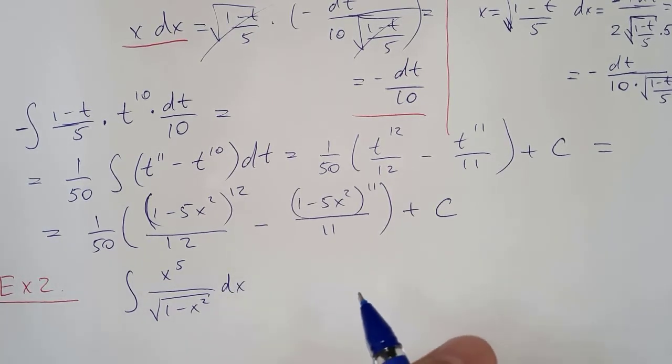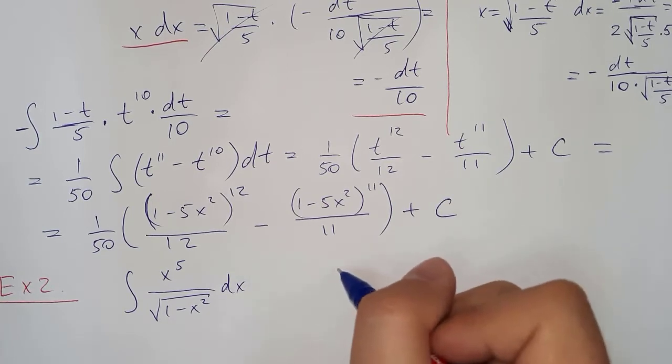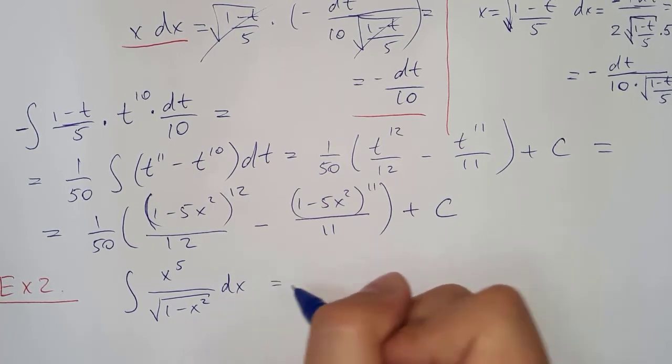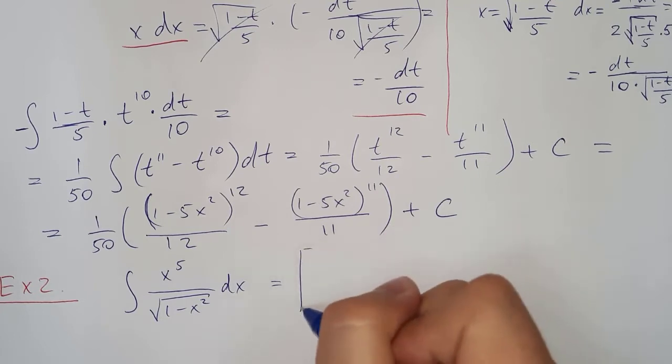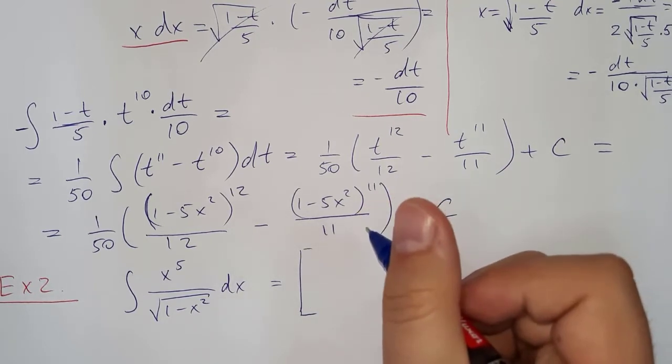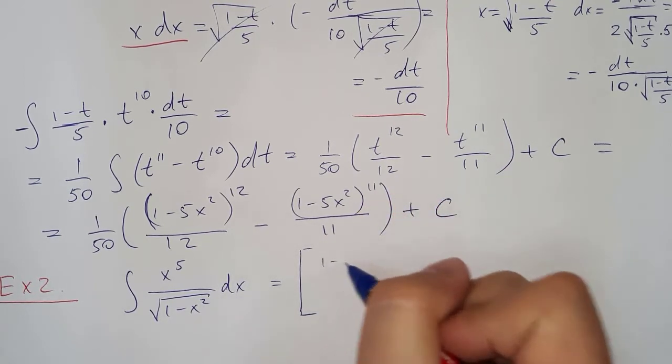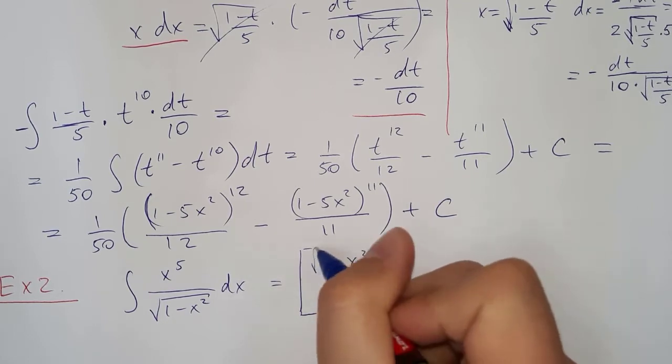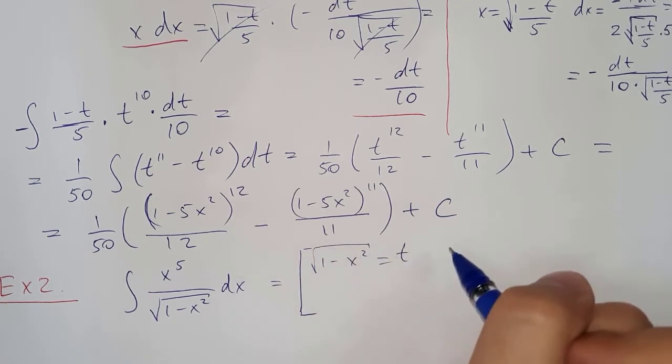Okay, now again we need to change our variable, and how? Look here, let's denote the square root of 1 minus x squared by t.